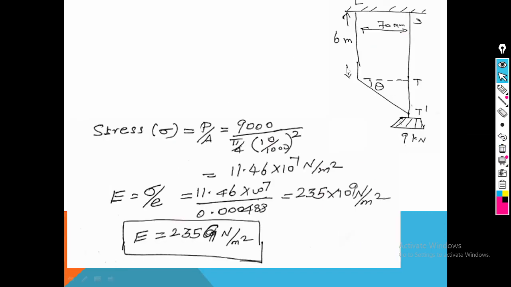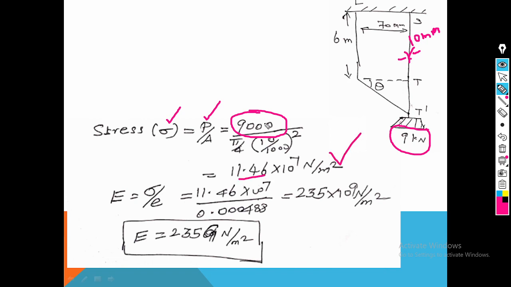The stress formula is sigma equals P by A. The load P is 9 kilonewton, so 9000 divided by pi by 4 into the diameter squared. The diameter of the wire is 10 mm, so 10 divided by 1000, whole squared. So sigma equals 11.46 into 10 power 7 Newton per meter square.